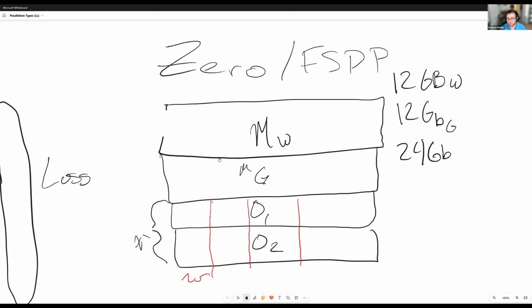Now, typically, what people prefer to do instead is ZeRO-2, which takes the optimizer states and the gradients and shards them as well. And what you get by doing this is every single GPU will have a full copy of the weights with everything else being sharded.